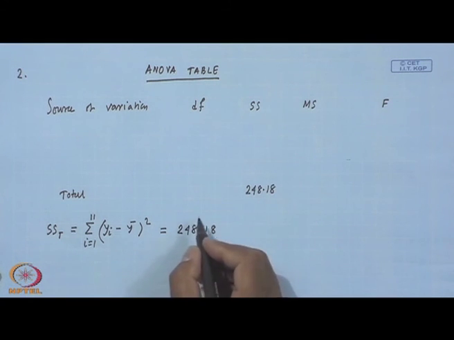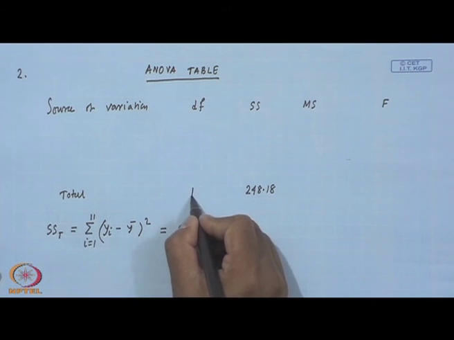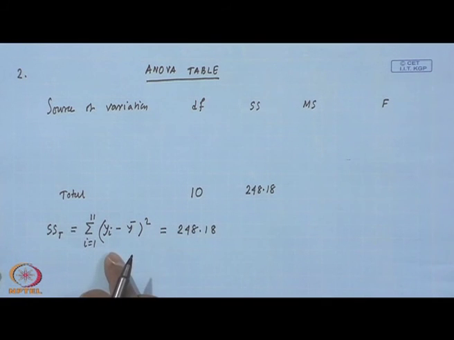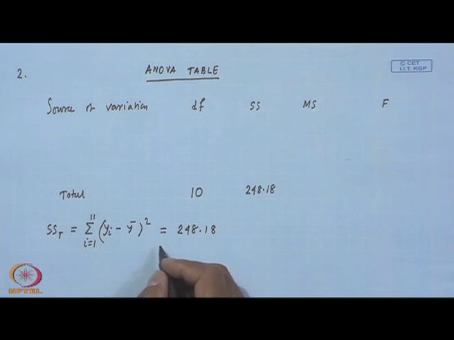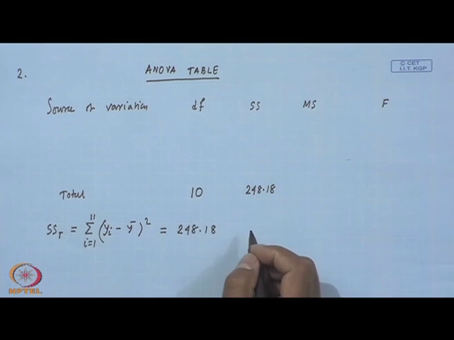Now, what is the degree of freedom? Degree of freedom is 10, because the y I minus y bar satisfy a constraint, summation y I minus y bar is equal to 0. So, there is one constraint here, that is why 1 degree of freedom less.